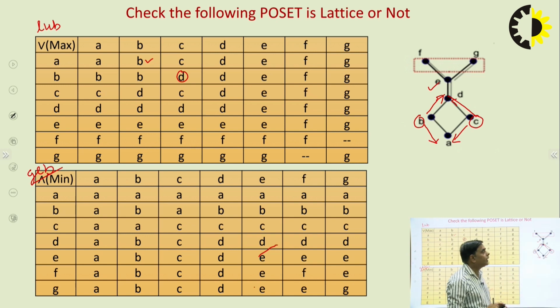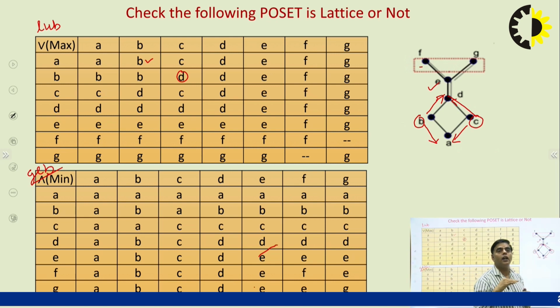So we can say the LUB for F and G does not exist. So for the F and G pair, these two entries are blank.